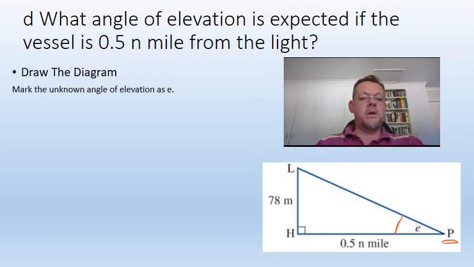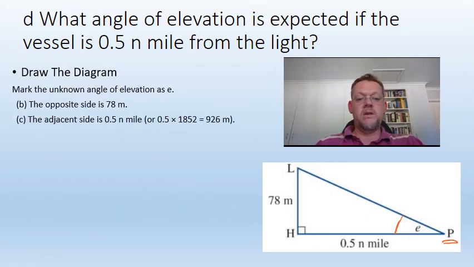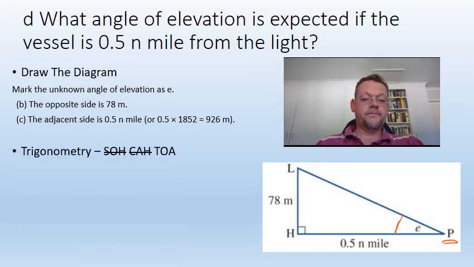So the unknown angle is E. The opposite side is 78 meters. The adjacent side is half a nautical mile. And we can convert that into meters, which is 0.5 times 1,852 meters per nautical mile. And that converts it to 926 meters.